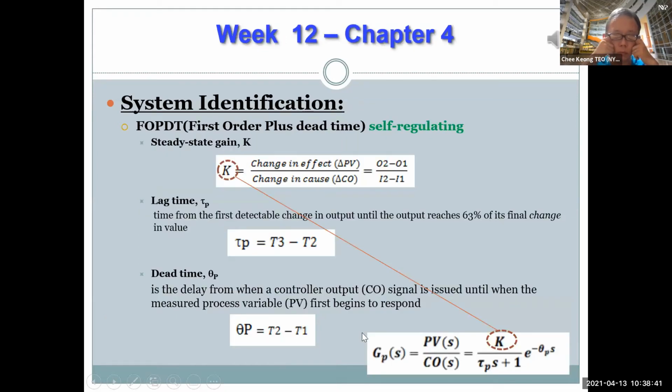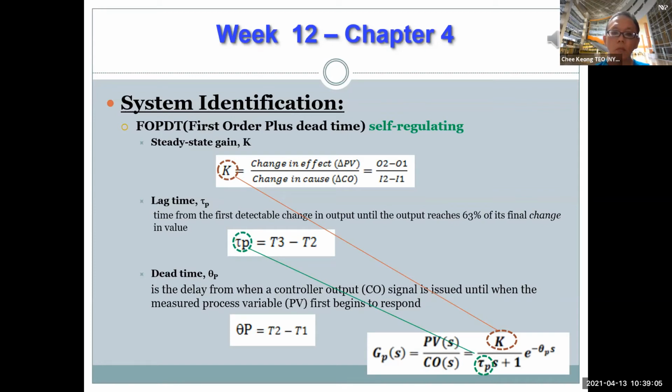Firstly, the steady state gain K will be the change of PV divided by change of CO. These changes of both CO and PV must be in percentage over percentage. For this case it is O2 minus O1 over I2 minus I1. Second parameter is similar to the first order system we have gone through.